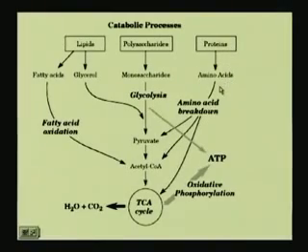Now, in the anabolic processes, we have these broken down amino acids and other factors that actually get into building up the other macromolecules that are required for our bodily functions. Now, what we are interested in is the breakdown of the monosaccharides, particularly the process of glycolysis that takes glucose and breaks it down into pyruvate.